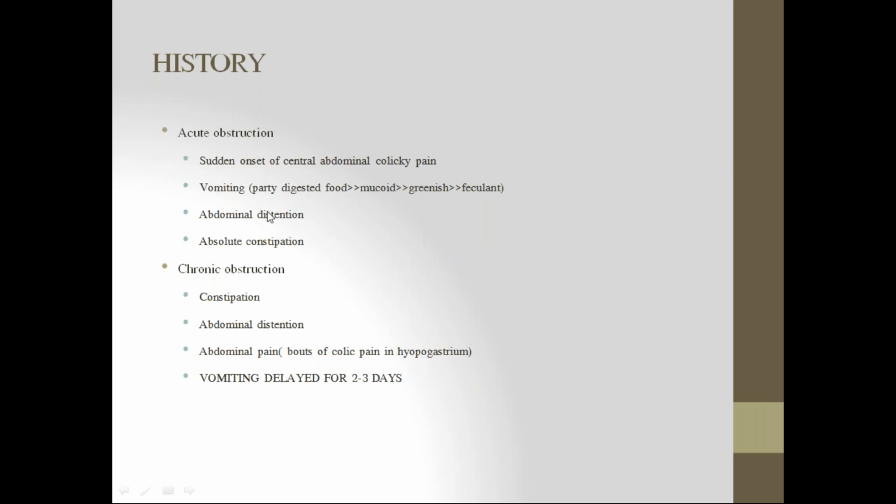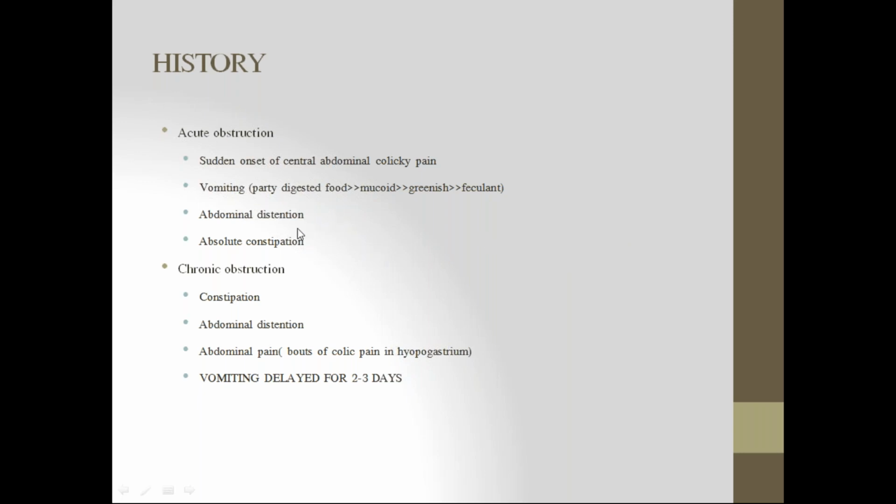Vomiting, depending upon the level of obstruction, can contain partly digested food, mucoid, greenish, or feculent material. Feculent is more dangerous. Greenish means the presence of bile. If the vomitus contains bile, you can roughly assess the level of obstruction to be distal to the second part of the duodenum.